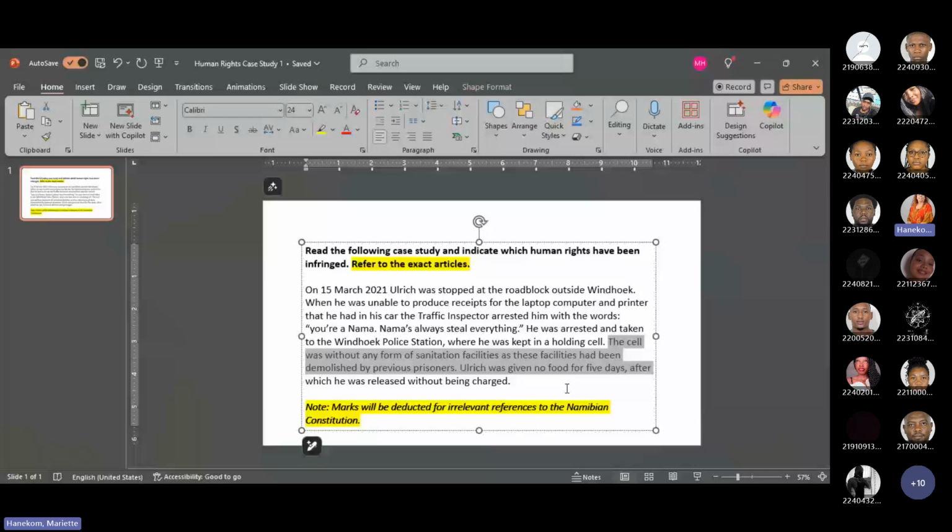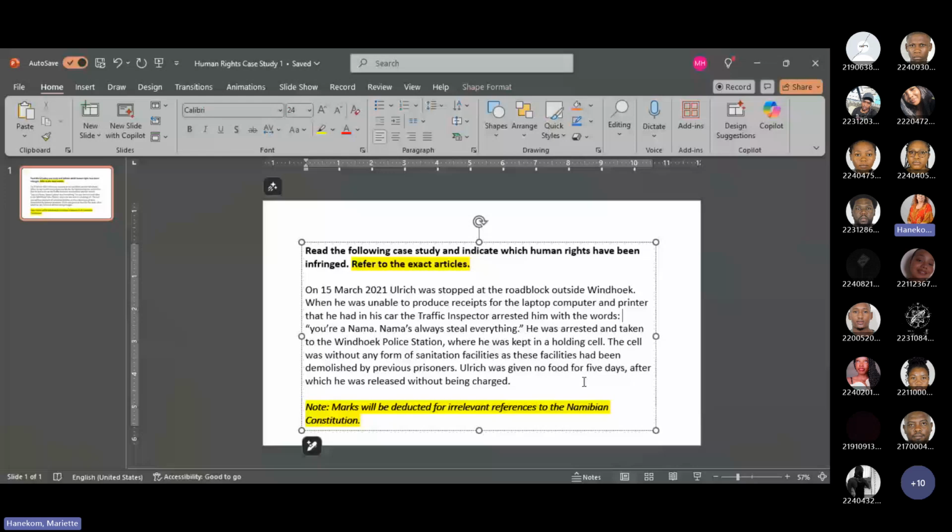When the traffic inspector said, "You're a Nama, Namas always steal everything," what human right is infringed there? Discrimination. We have the human right not to be discriminated against for particular reasons, including our language or our culture.